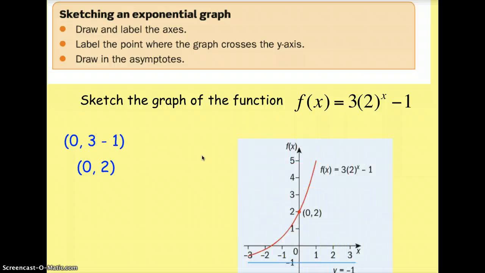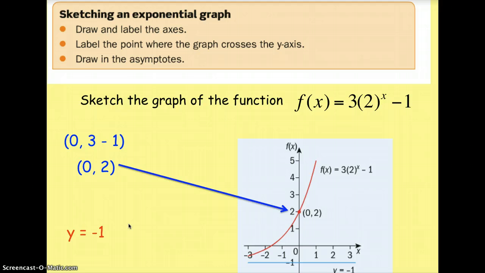So your y-intercept is 0, 2. And then what will be your horizontal asymptote? Your horizontal asymptote is your c, which is -1. So your horizontal asymptote is y is -1.